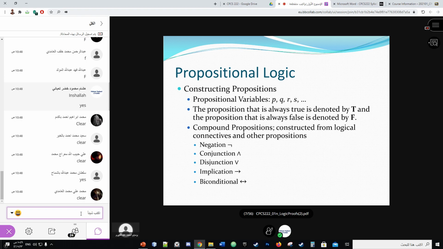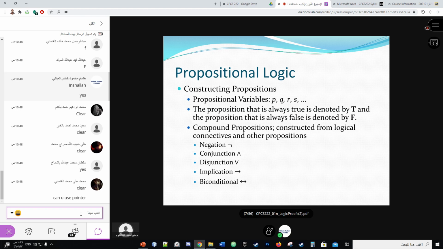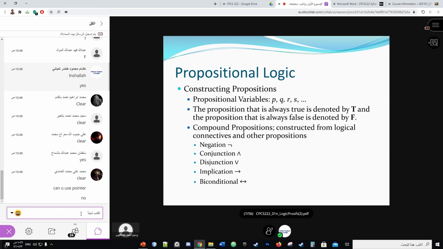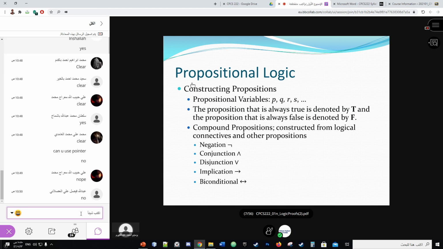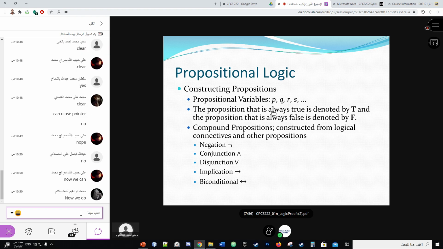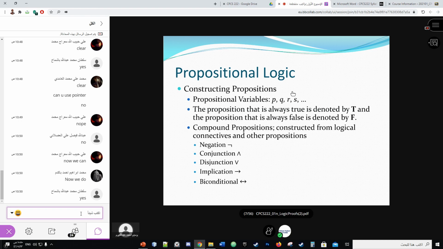And then we looked at propositional logic, which is a more complicated statement constructed using operators like negation, conjunction, disjunction, or the implication operator, based on propositional variables.